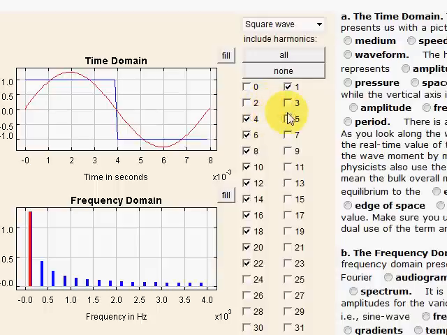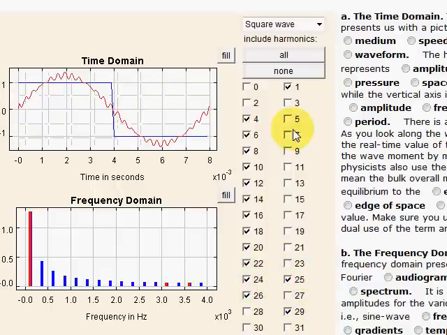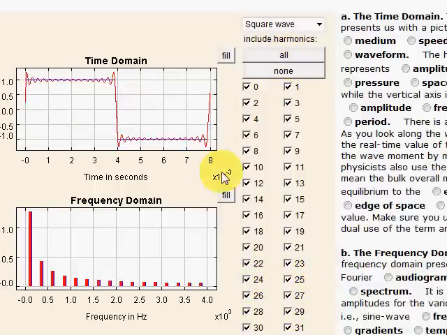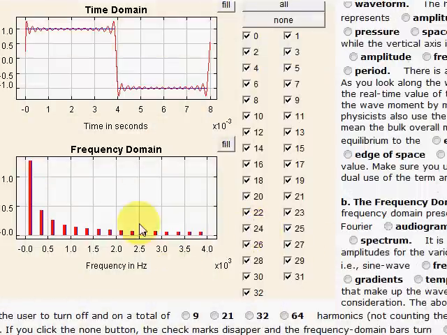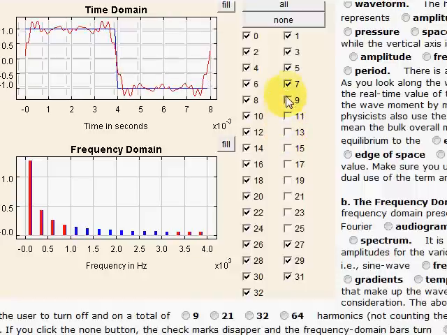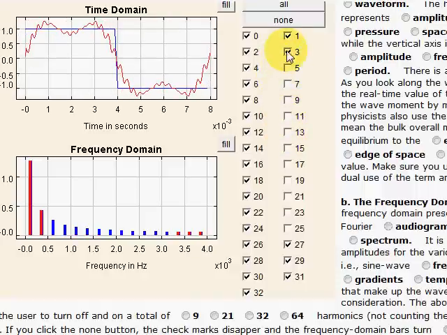So it was a square wave, that's odd harmonics, and here, down in here, let's see, this doesn't seem to be working here. This should be changing down in here. Oh, I see what it's doing. It's going blue. All right, so the blue means it's not there. Okay, that's cute.